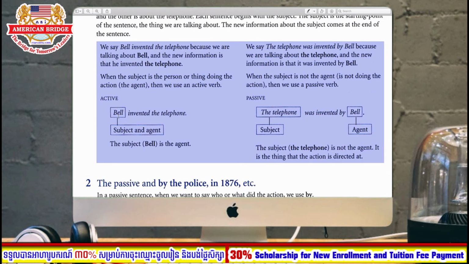Subject and agent is Bell right here. On the other hand, when we talk about the passive form, the subject is not the one who does the action, but the one who receives the action. If you look at the example here, "the telephone was invented by Bell," the subject receives the action from the agent, which is Bell. Okay?